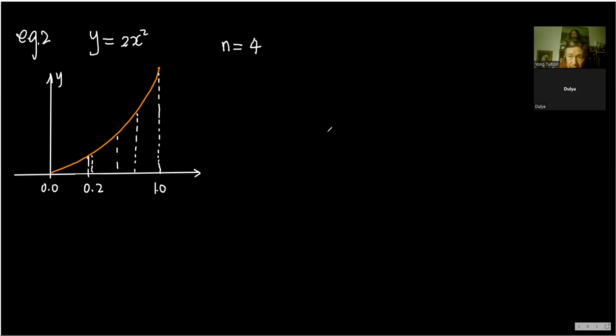But we have tried different methods. So A uses the area equal to Simpson method, right? That is y x_i plus 4 times y x_i plus 1 plus y x_i plus 2, divided by 3 and multiply delta x, all right?